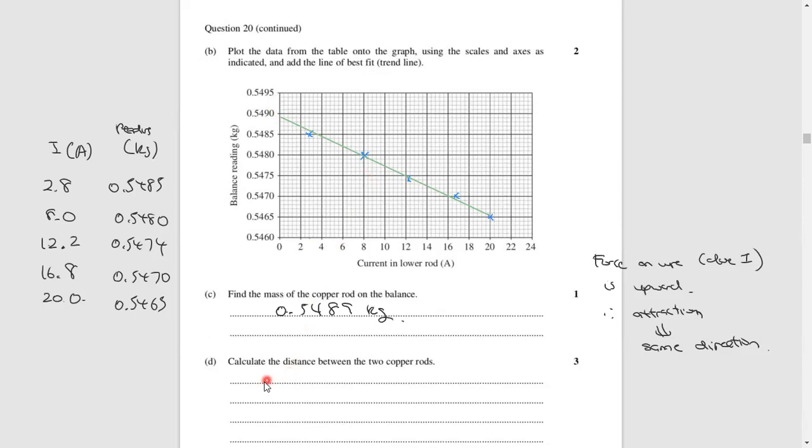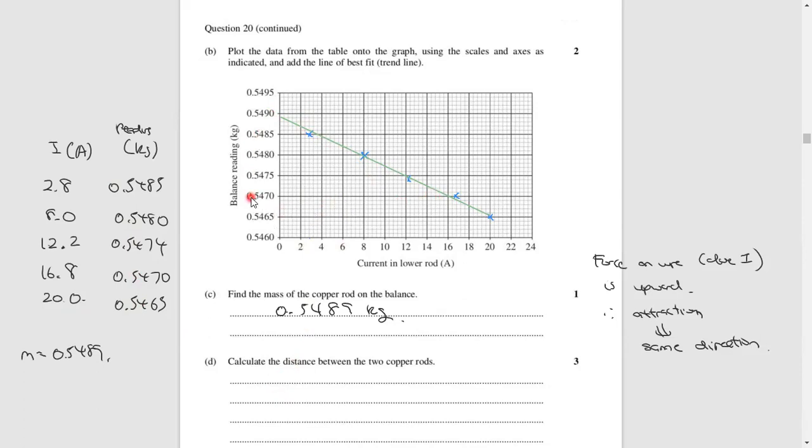Now we need to calculate the distance between the 2 copper rods. Okay, so given that we understand the mass is 0.5489, we now need to take advantage of our force. All right, so it's better to use this.